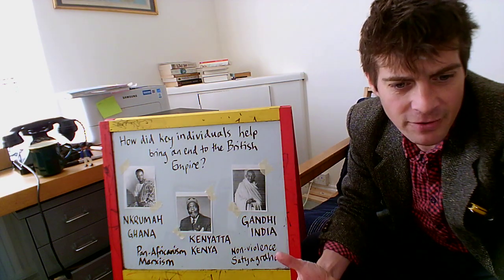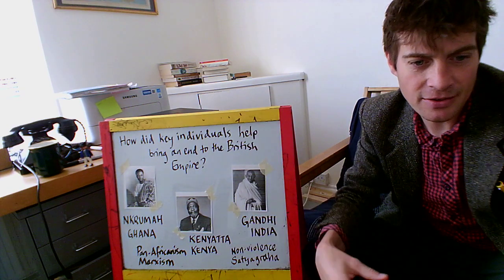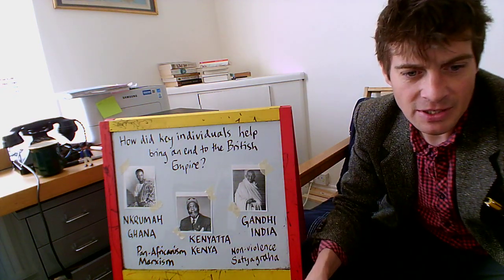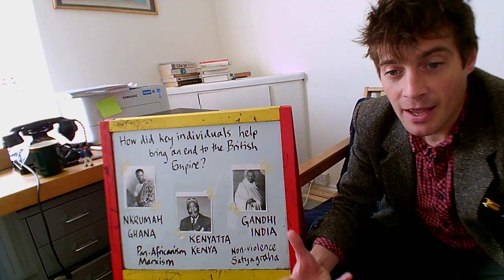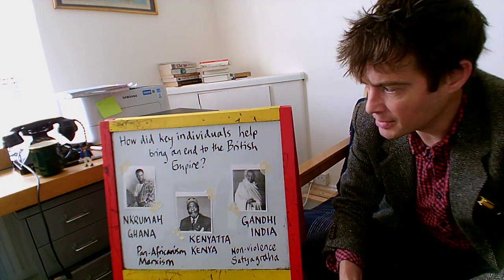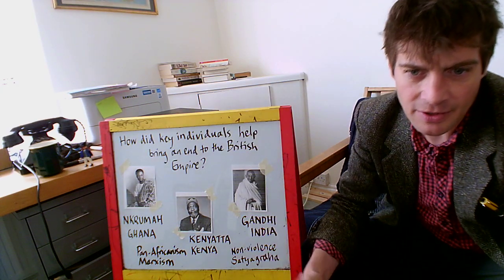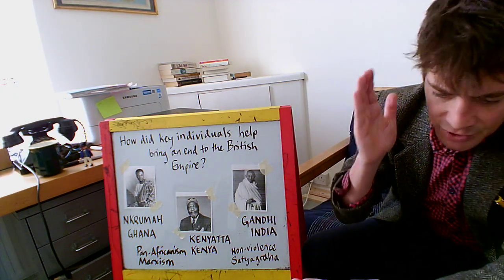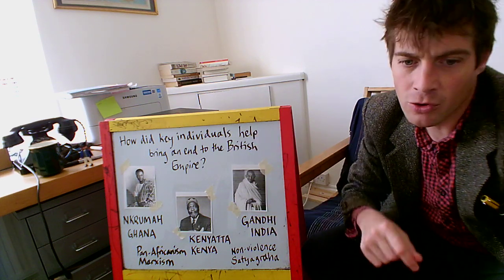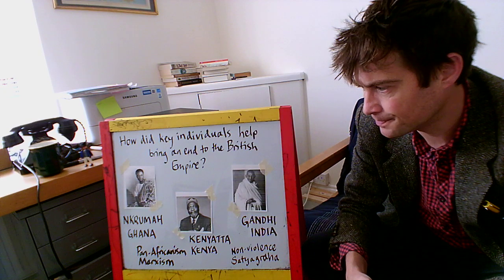Now, Pan-Africanism, pan means across, so everywhere, and Pan-Africanism is this idea that people in Africa should work together for their independence. Now, if you remember, when the scramble for Africa happened and the continent was divided up, those borders were drawn across the map of Africa, split between the colonial powers.